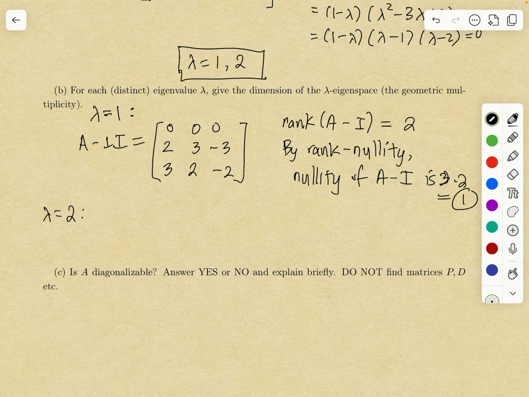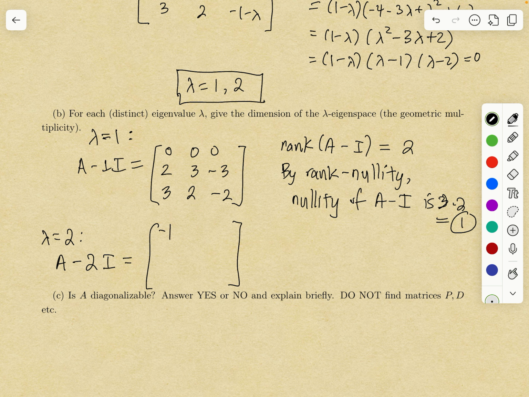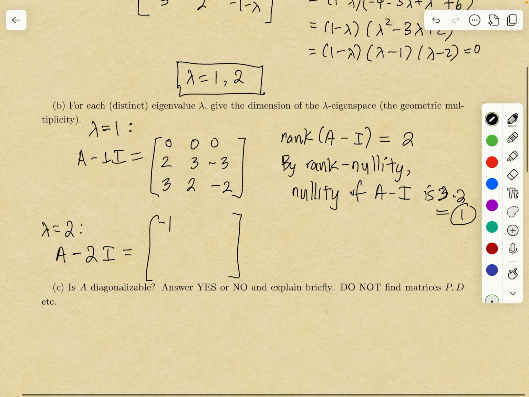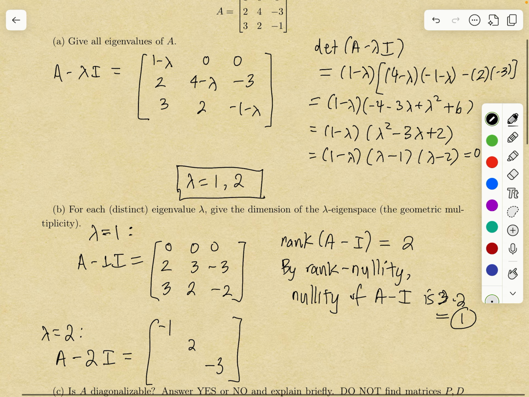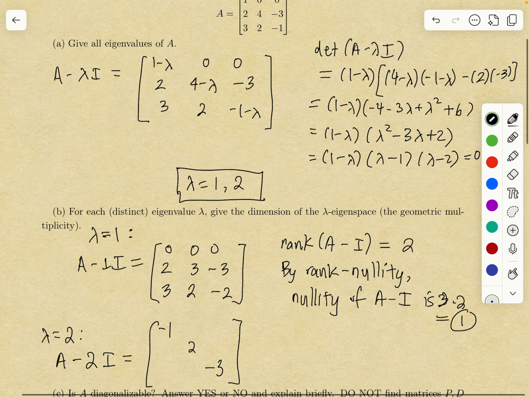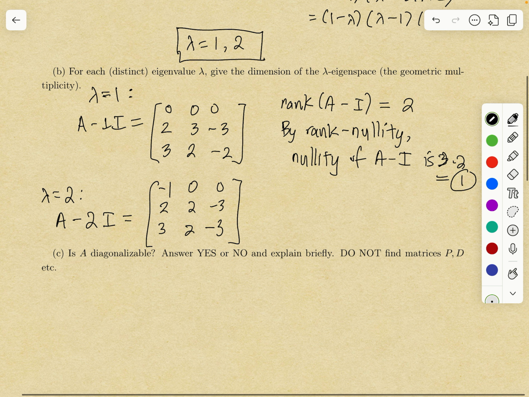Then for lambda equals 2, I have A minus 2I. So I have 1 minus 2, 4 minus 2, and -1 minus 2 on the diagonal, and everything else is the same. Now what is the rank of this matrix?